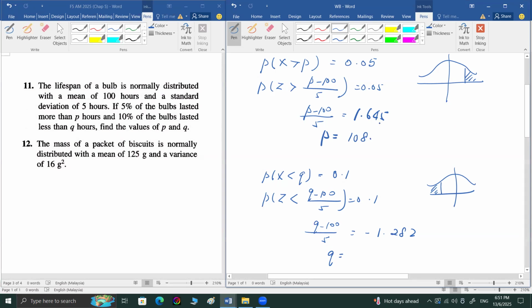Okay, wait, 1.645, because I get direct from my EX one. I have to show you both here. If you get EX one, I get 108.22. So here I got 10.